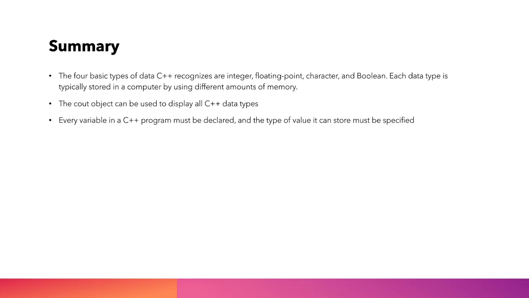Okay, the summary is that the four basic types of data C++ recognizes are integer, floating point, character, and boolean. Bool stands for boolean. Each data type is typically stored in a computer using a different amount of memory.